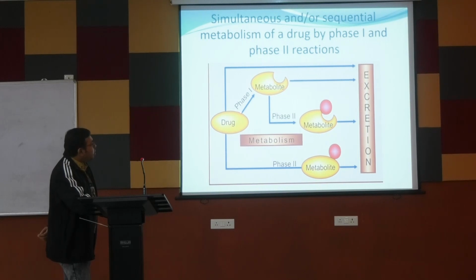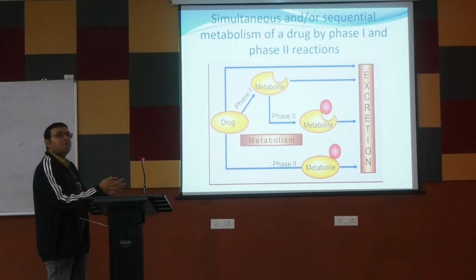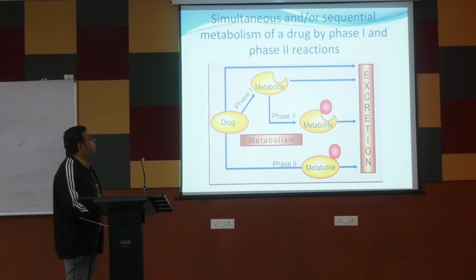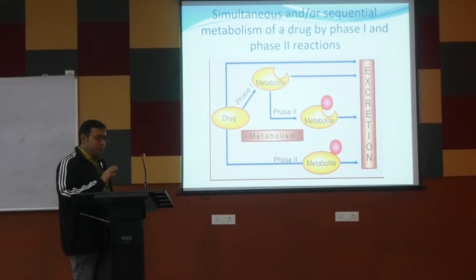Again, there are some drugs that will not go to phase 1 at all, they directly go to phase 2, phase 2 metabolites are formed, and again it is excreted. So there are different pathways for the different drugs. So this is known as simultaneous. So simultaneously phase 1 or phase 2 reactions can happen, or sequential phase 1 and then phase 2 metabolism of a drug by phase 1 and phase 2 reactions.